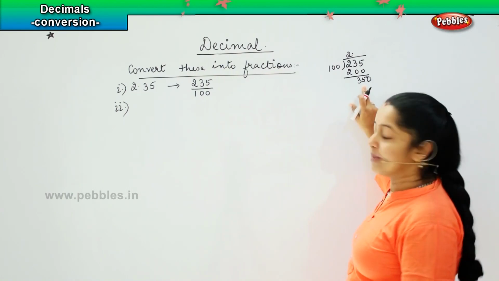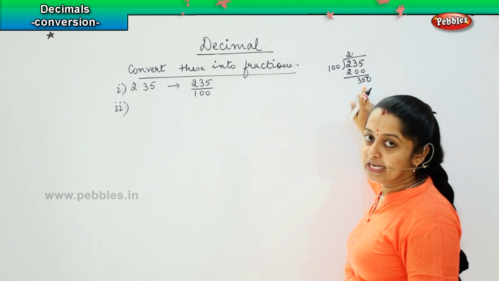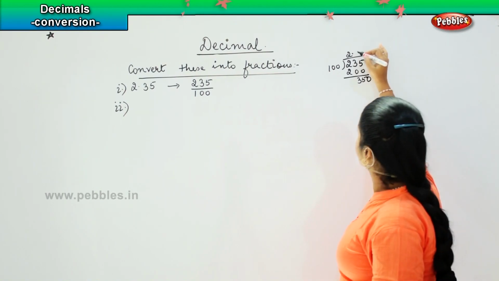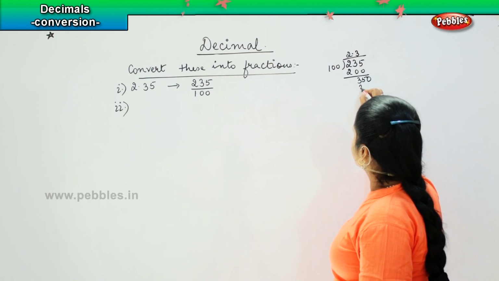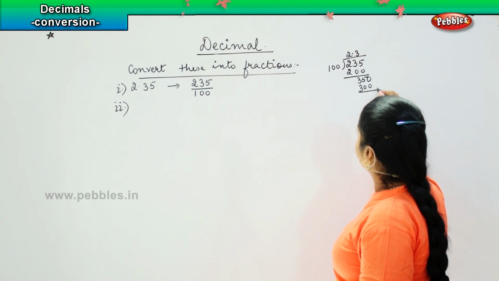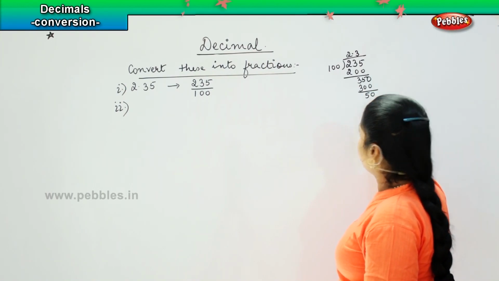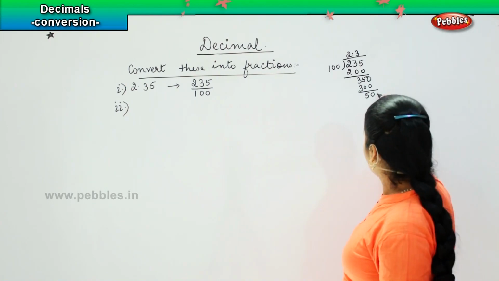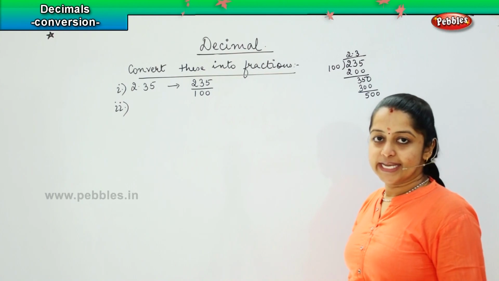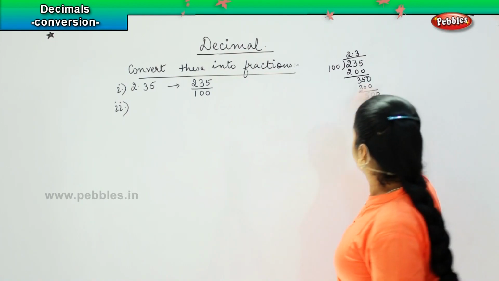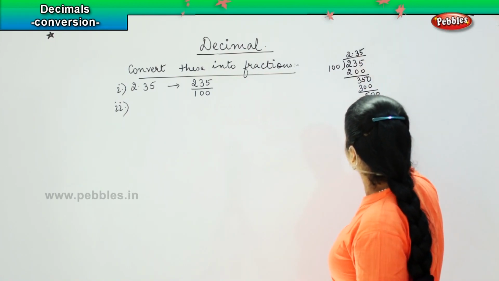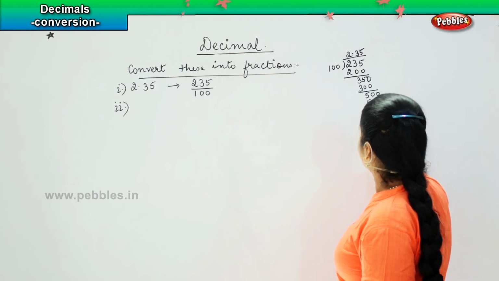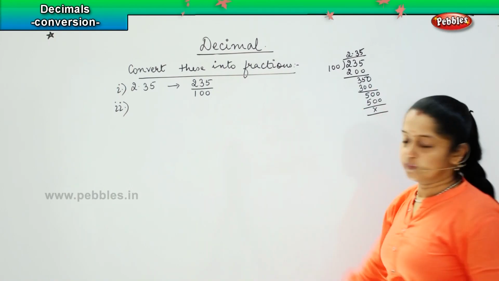Now will 350 get divisible? Yes. How many times? Very good. It gets divided 3 times. So this becomes 300. Then again 50. Is it possible to divide 50 by 100? No. If I add a 0 here, yes, it gets divided 5 times. So I put here 5 and my remainder becomes 0.